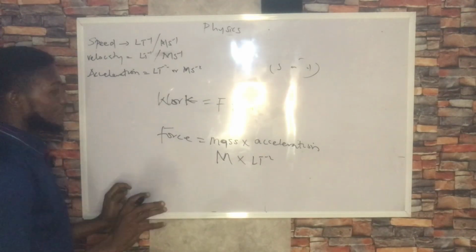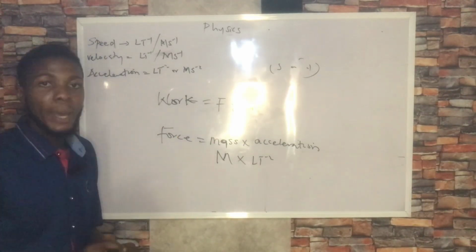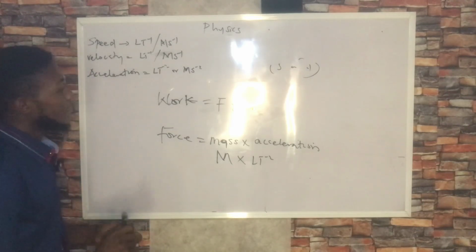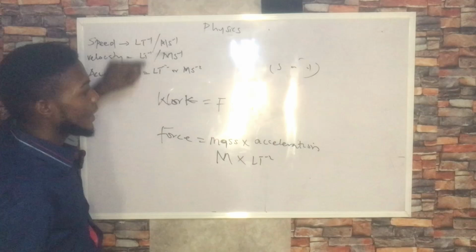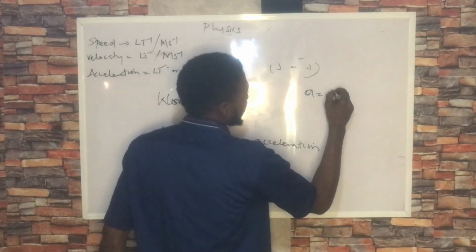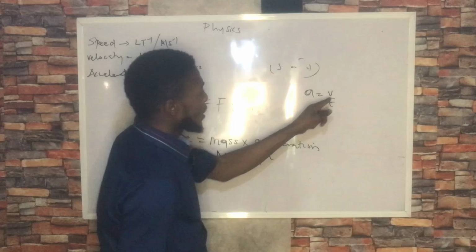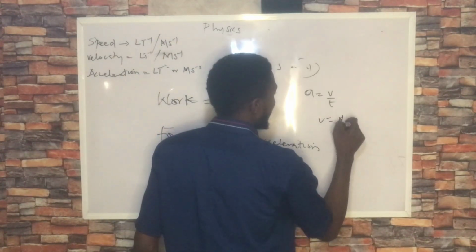And if you actually want to express from the beginning, probably you are doing a bio exam and you need to express from the beginning, it's just as simple as bringing it back from speed. Acceleration, you still remember, is velocity over time. So you express velocity first. Velocity is distance over time.